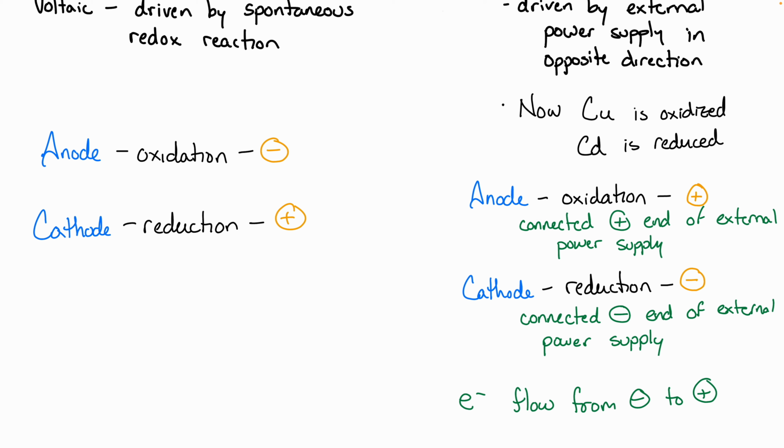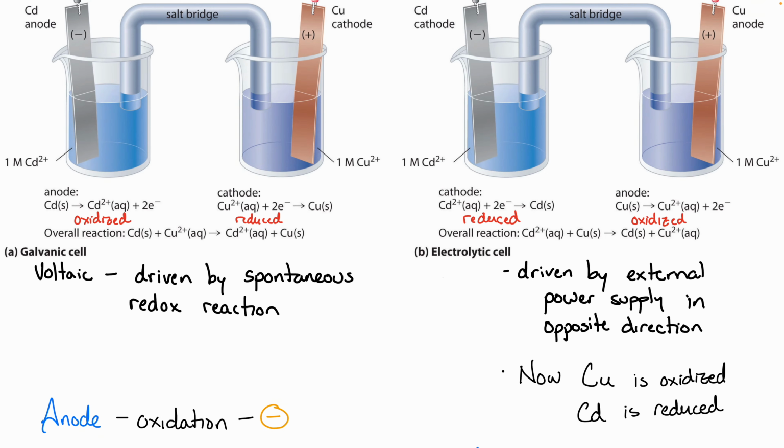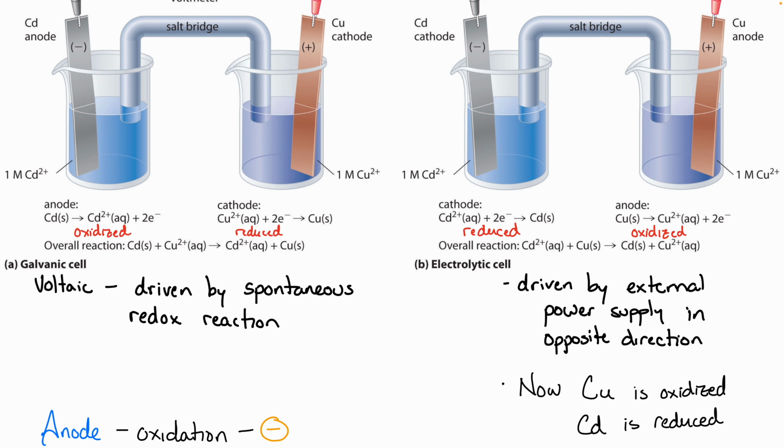But the charge doesn't change for the half reaction though, right? The half reactions did change, yes. If we look here at our half reactions, by using this external power supply, our copper is no longer being reduced, it's being oxidized.